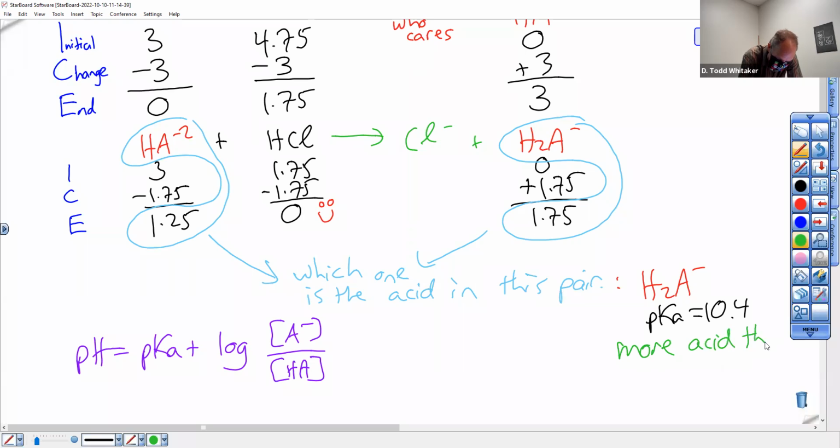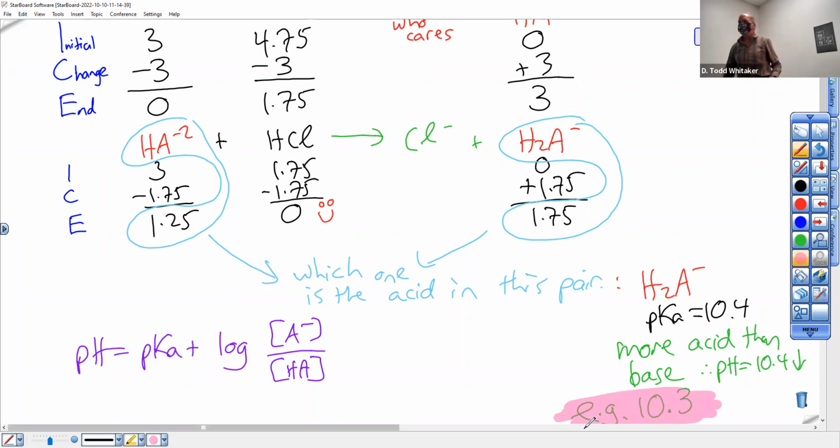More acid than base. Therefore, pH equals 10.4 with a down arrow. If it was a multiple choice question, I can guarantee that would be the choice. That's how effective buffers are at keeping pH close to pKa. It's only 0.1 below, right?